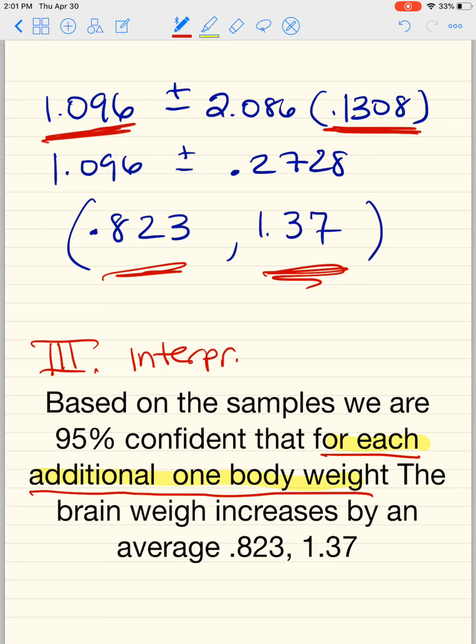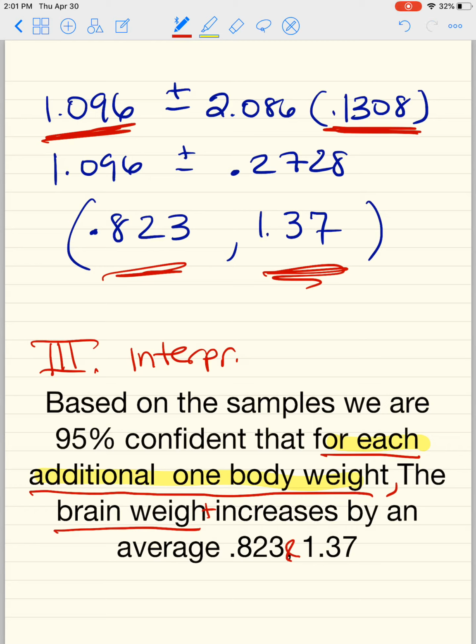So for each x, the y will increase by blah, blah, blah. So what is the y? Everything has to be in terms of the context, the brain weight, okay? So the brain weight increases by an average of 0.823 to 1.37, I believe it's kilograms as well.